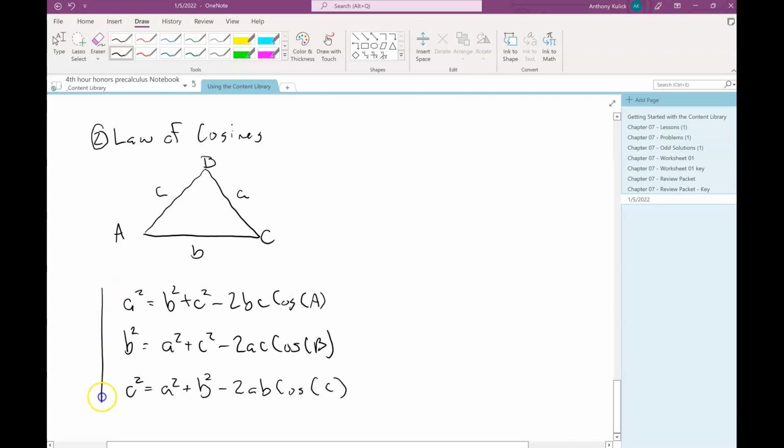Now keep in mind that really this is all the same formula three times over.